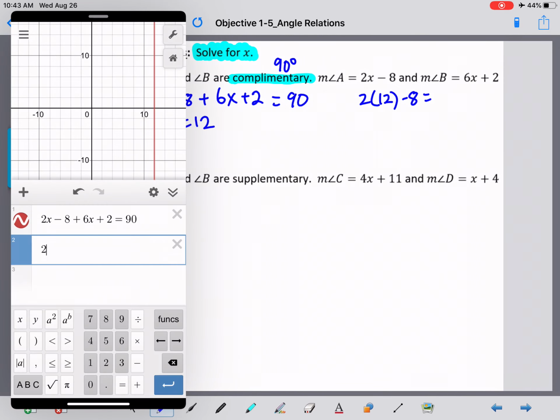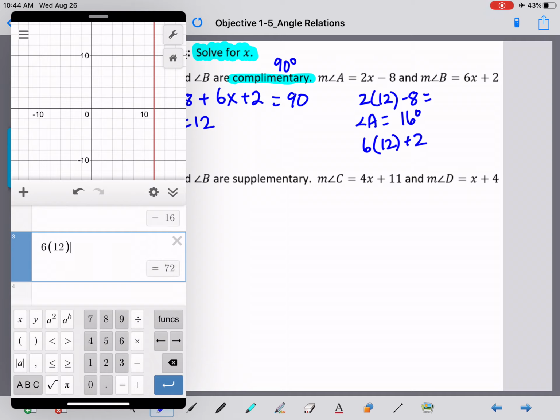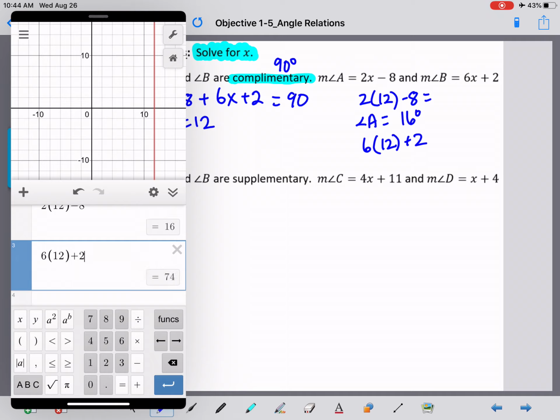I'm just going to say angle A equals 16 degrees. And B would have been 6 times 12 plus 2. So 6 times 12 is 72, plus 2 is 74. Angle B would equal 74.